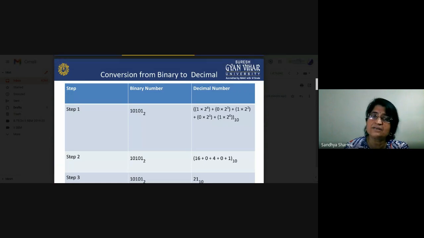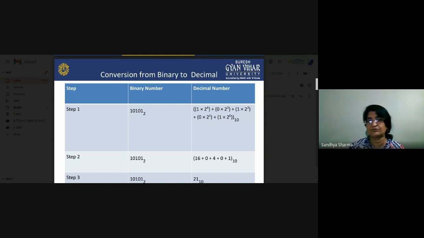This is the binary number. What you have to do is see which number system you are in. It is a binary number, so the base is 2. You have to multiply your binary number by powers of 2.